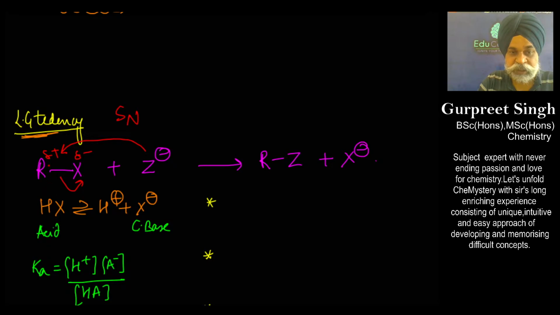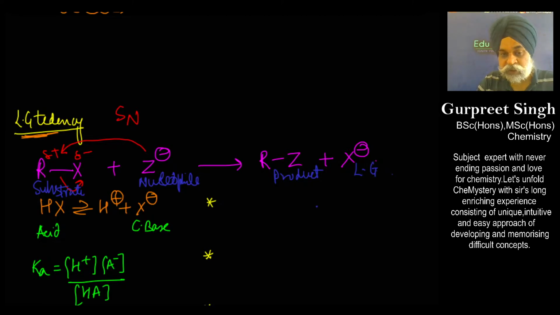In a nutshell, this is our substrate, this is the incoming nucleophile, and along with it you get the product, and this is what you call the leaving group. Now, as regards leaving group tendency, the one which is going out would be treated as a better leaving group if it is stable.